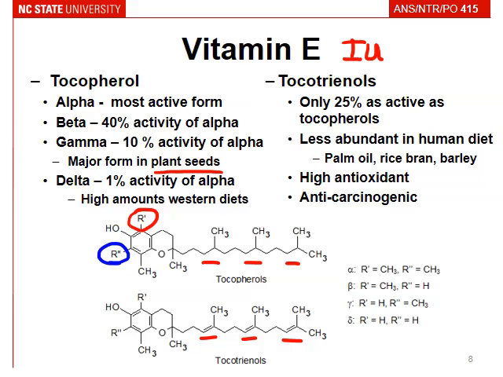Our gamma is going to be flip-flopped with a hydrogen and a methyl group, and our delta is going to have 2 hydrogens. You by no means have to know this, so please do not memorize. There are too many other important things that you need to know, and this is what Google is for. So if you really want to know it, you can look it up in Google at a later point in time.